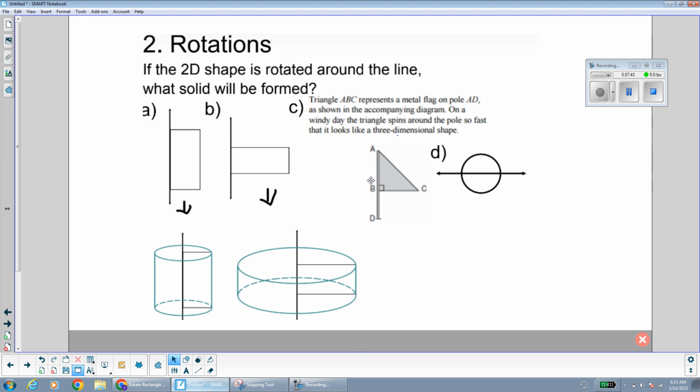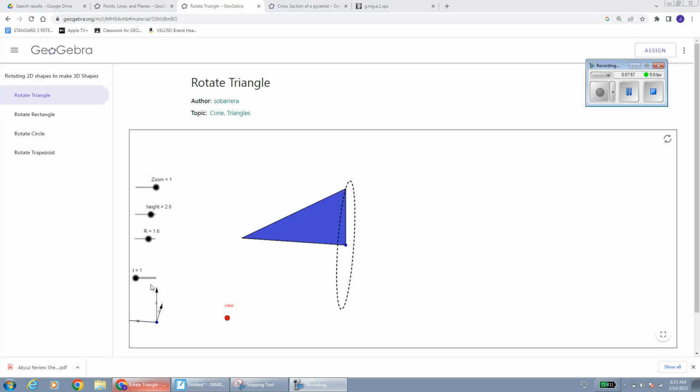Over here, we have a triangle, and it tells us that this triangle is a flag on the flagpole. And we want to know what 3D shape we get from rotating this triangle really, really fast around the flagpole. So when we take a triangle and we rotate it really fast around the line, we get a cone.